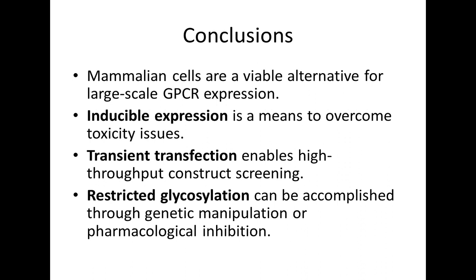This gets back to the toxicity issue. Lots of times even the basal expression of a receptor can be causing problems for the cell. So in many cases, putting an antagonist into the culture media to shut down that signaling can really increase the expression levels. So that's stabilizing the protein from the outside, you could say.